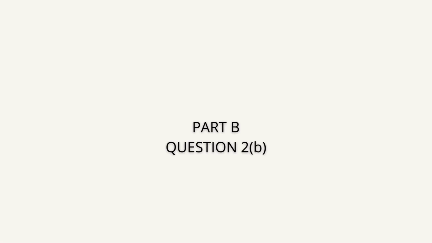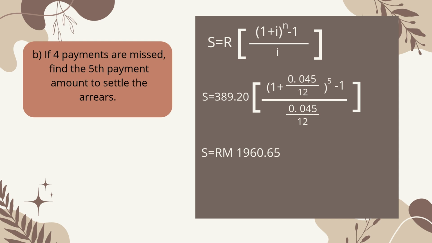I will continue the question 2b for case study 2. So the question is, if 4 monthly payments have been missed, we need to calculate the 5th payment that will cover all the arrears. To find this, we use the future value formula of an ordinary annuity, which helps us determine the total amount owed after missing several payments with interest included.